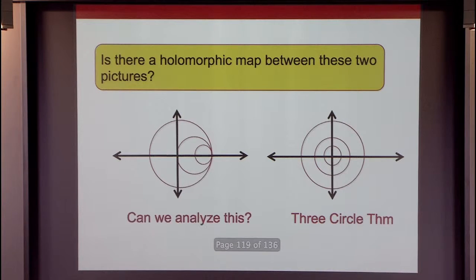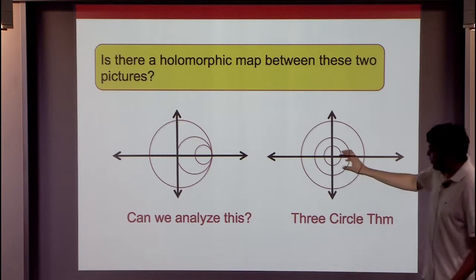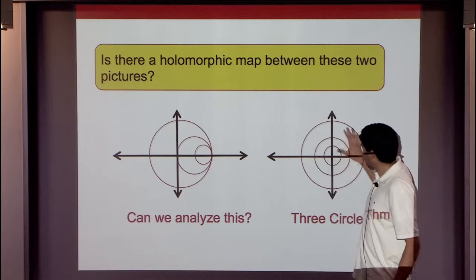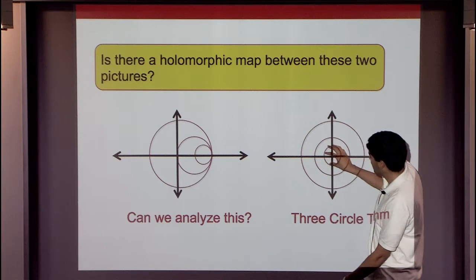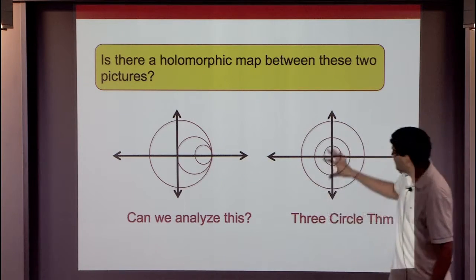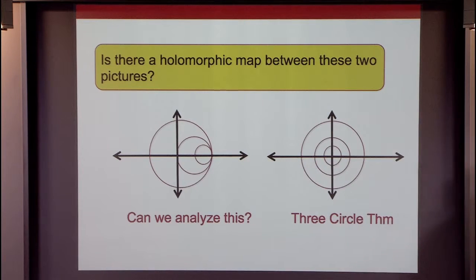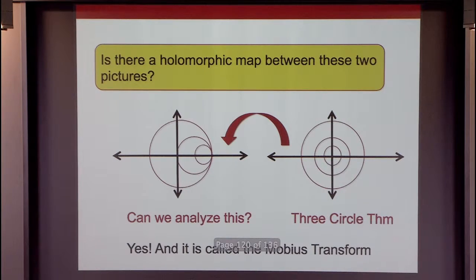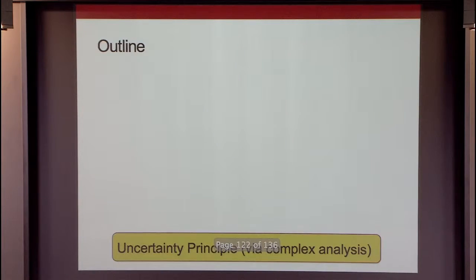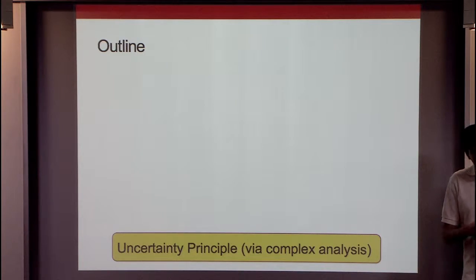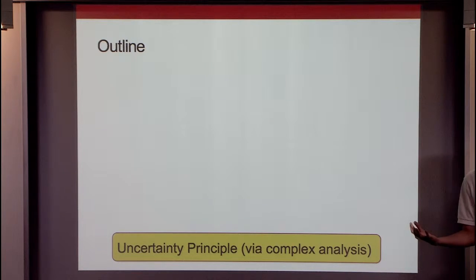So this is the Hadamard three-circle theorem. And the Mobius transform is going to map this outer disk to the outer disk, this smaller disk inside, and then this disk will hit the origin at some point. So it allows us to rule out certain types of growth patterns. What the overall outline now is, just to conclude, is that we used uncertainty principles from complex analysis to rule out certain growth patterns for polynomials.